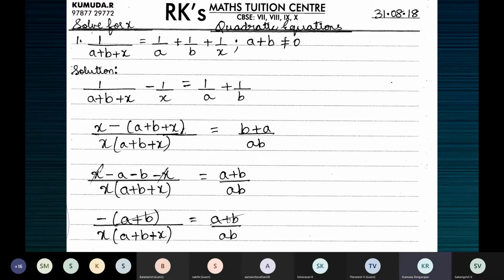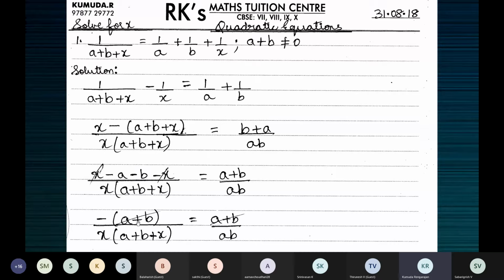Or if you feel how they get cancelled, just imagine this a plus b, when it's transposed, it will come down to the other side for division. So a plus b and a plus b will get cancelled. That's why we're cancelling.